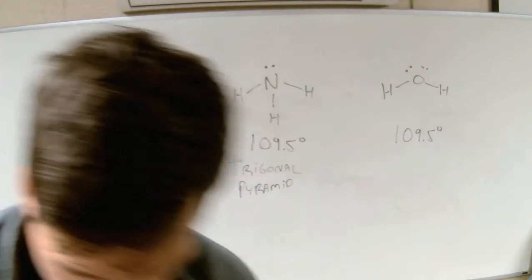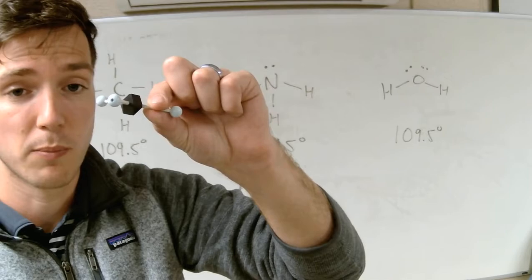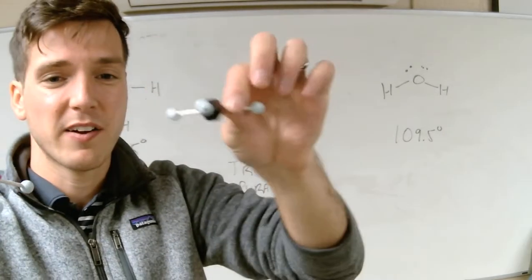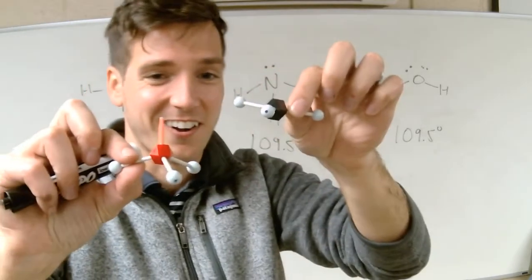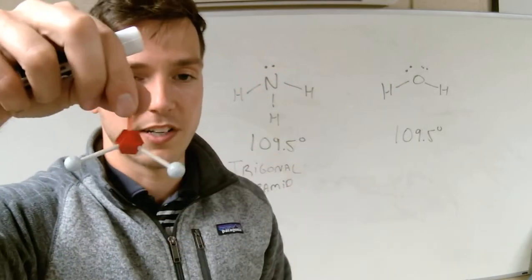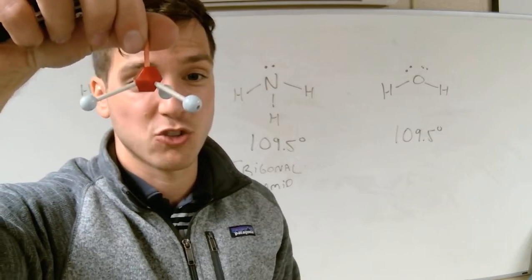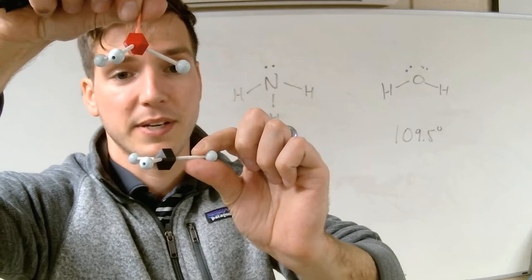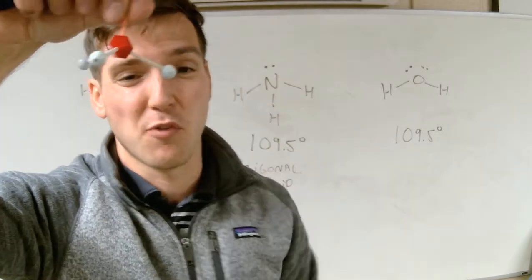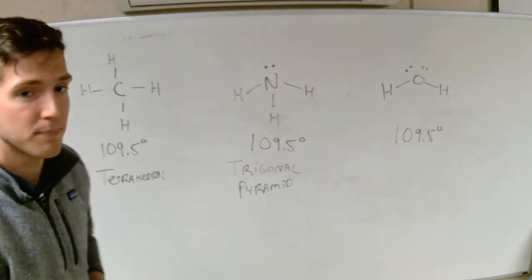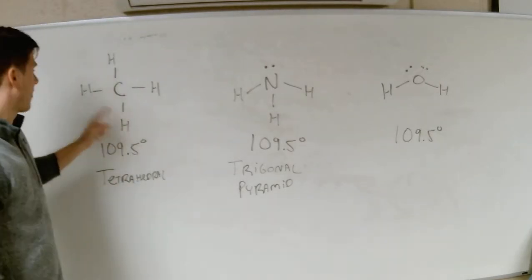Trigonal planar used to be on one plane, but now since that lone pair came in, it pushed those atoms downward into a pyramid shape. So now it's trigonal pyramid. This was trigonal planar, but since that lone pair got in and they had to move away, it becomes trigonal pyramid. This is nonpolar, by the way. All atoms are the same.